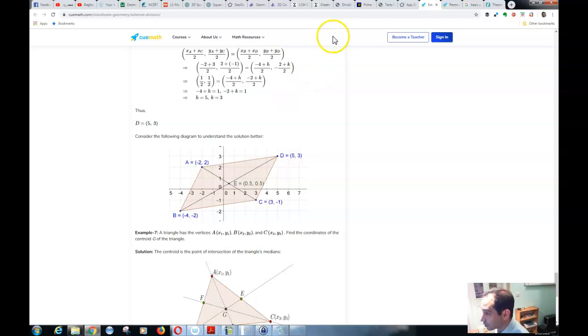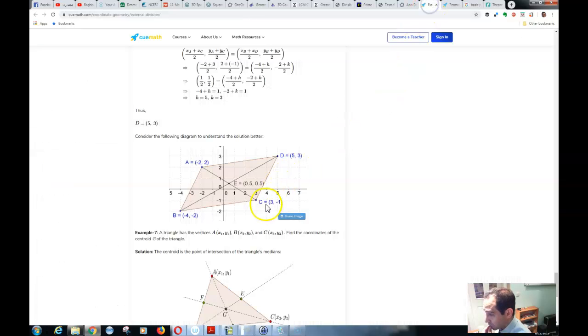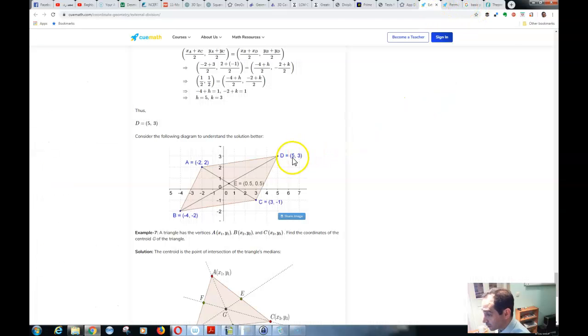Negative 4, negative 2, this point over here. The other point is 3, negative 1, which is this point over here. And the point that they have found is 5, 3.